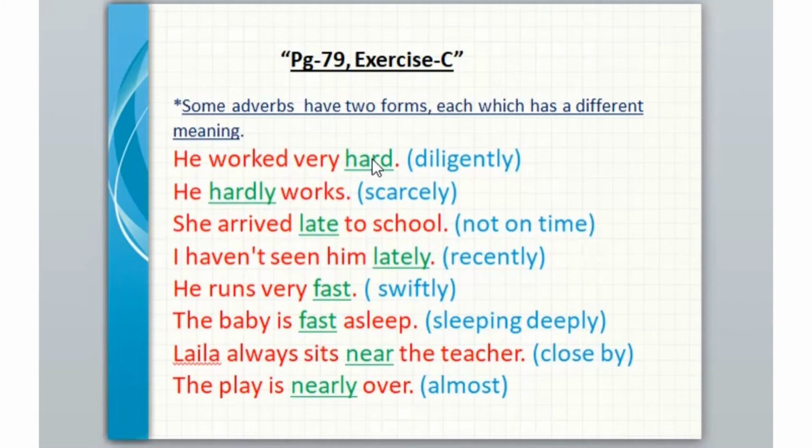One of the examples was hard, fast. In the other form we do add ly, but in that case the meanings are different. So in this exercise we will be dealing with such adverbs. Accordingly we will place them in our sentences and the meanings change.